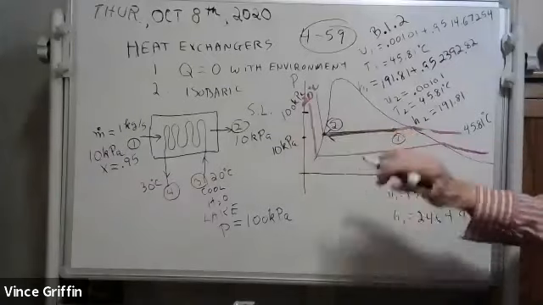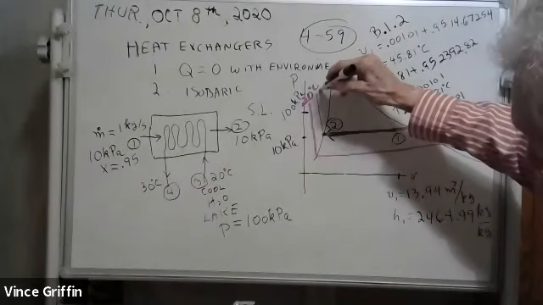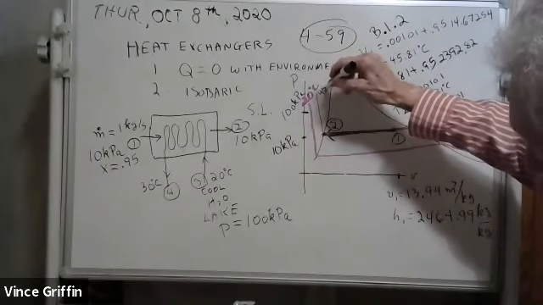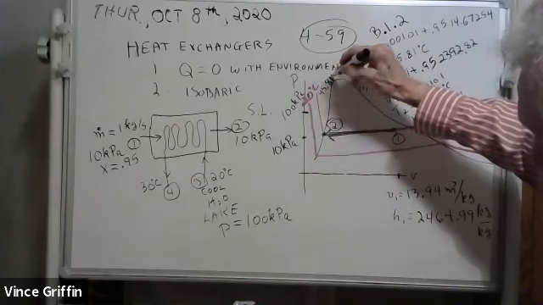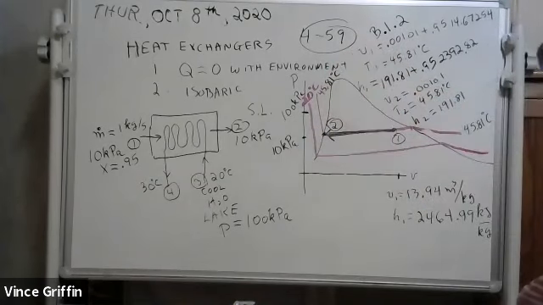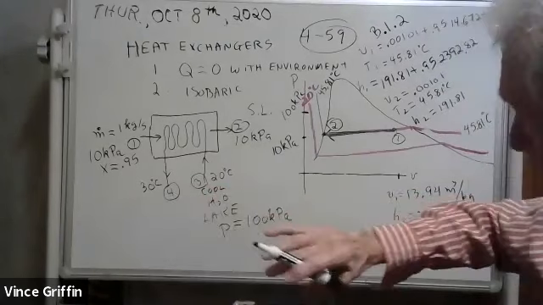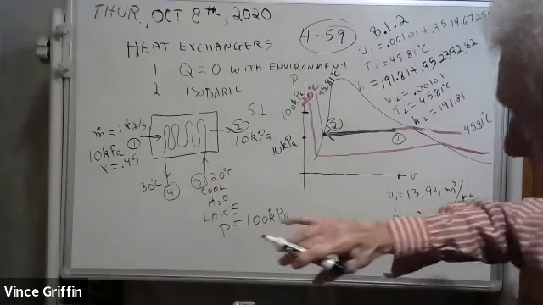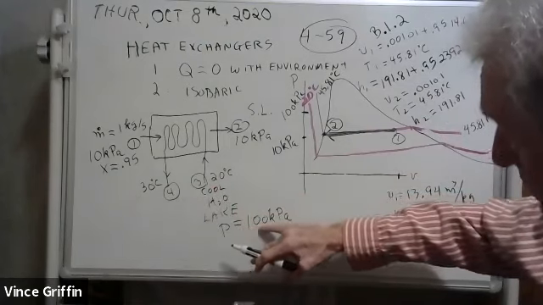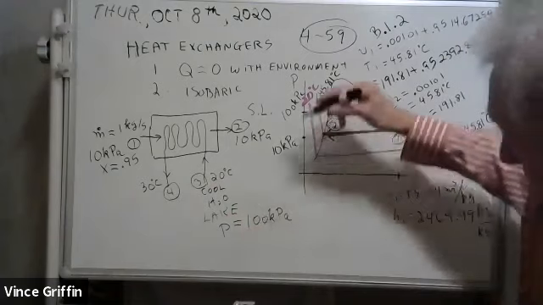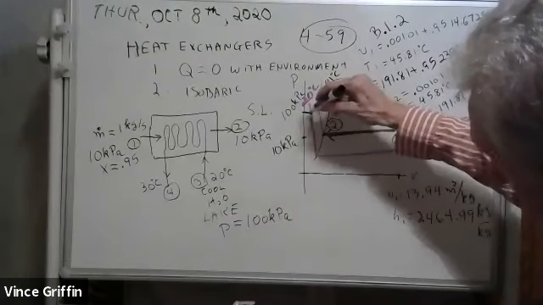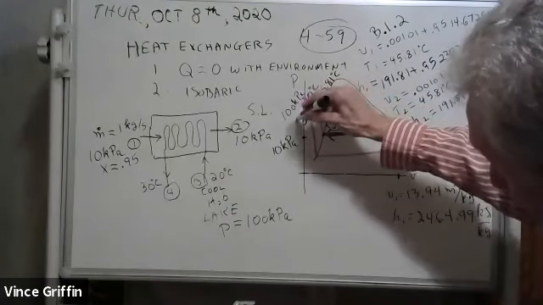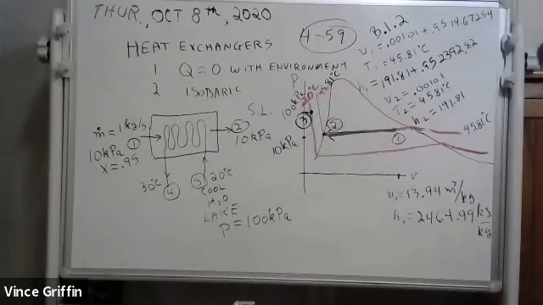Now this one here is the 45.81 degrees Celsius isotherm. Now what do we know about state 3? Well, we know it's 20 degrees Celsius and around 100 kilopascals. Hey, there's state 3 right there. Do you see it? There's state 3 right there.